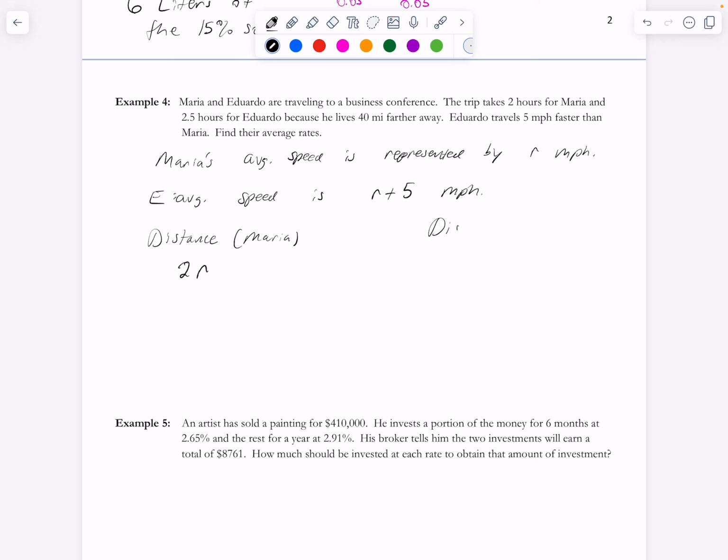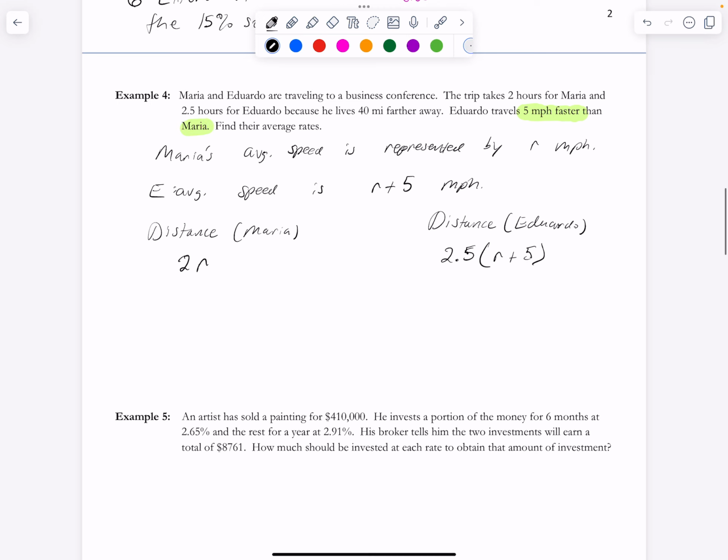The distance for Eduardo, he is traveling for 2.5 hours, that's how long he's traveling. And his average rate is Maria's rate plus 5, because it says in the problem that he travels 5 miles an hour faster than her. So we need to make sure that we set up an equation.